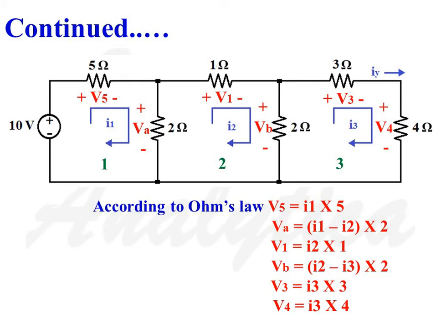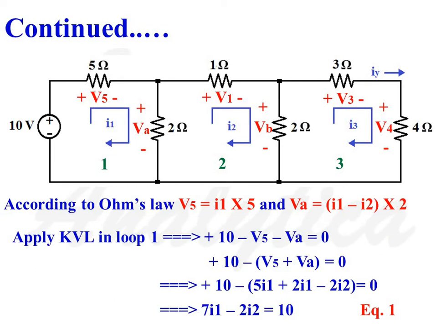V3 is equal to I3 into 3. And finally V4 is equal to I3 into 4. So according to Ohm's law, voltage drop across a resistance is directly proportional to current flow through that resistance. So V is equal to I into R.